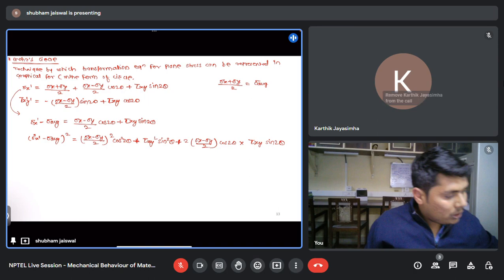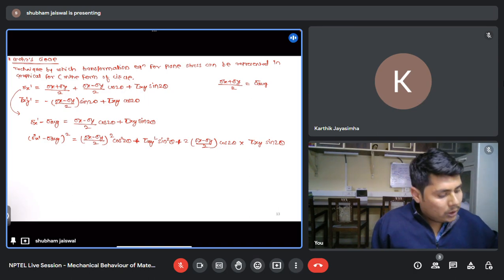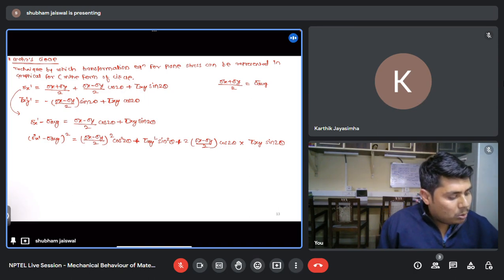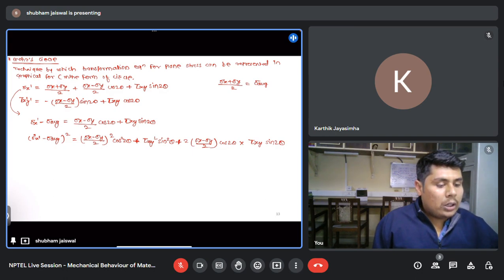Okay. So now we will get this equation, that is (sigma x minus sigma y) by 2, whole square, cos square 2 theta plus tau xy square sine square 2 theta plus 2 (sigma x minus sigma y) by 2 cos 2 theta into tau xy sine 2 theta.